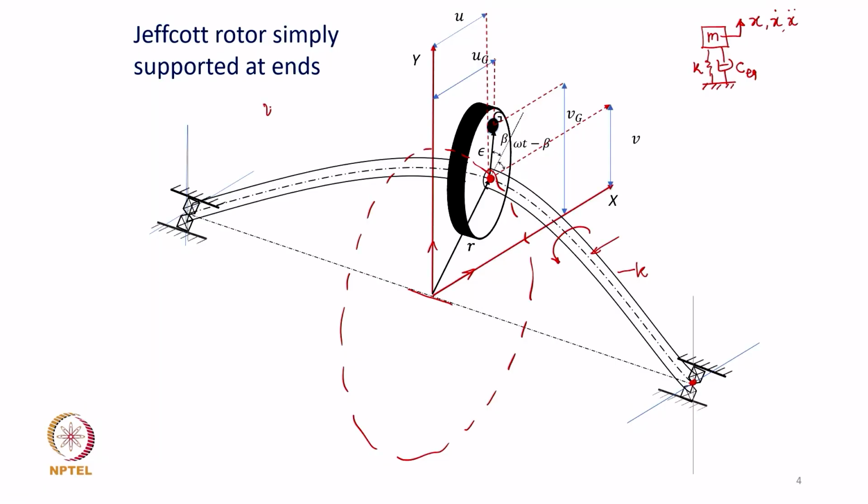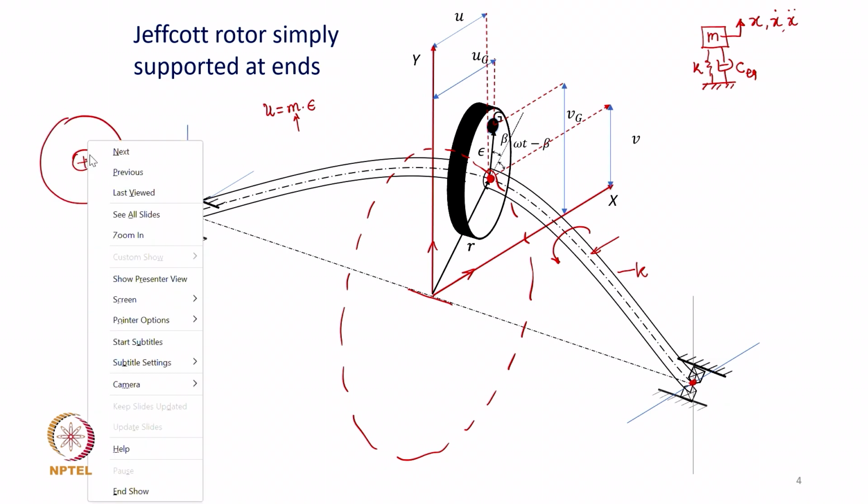So, what we are saying is unbalance is mass times eccentricity, and this mass, let us say, is assumed as the mass of the entire disc. Although it is shown in a very highly exaggerated way here, in an actual disc mounted on the shaft, the offset of this mass center is very small.